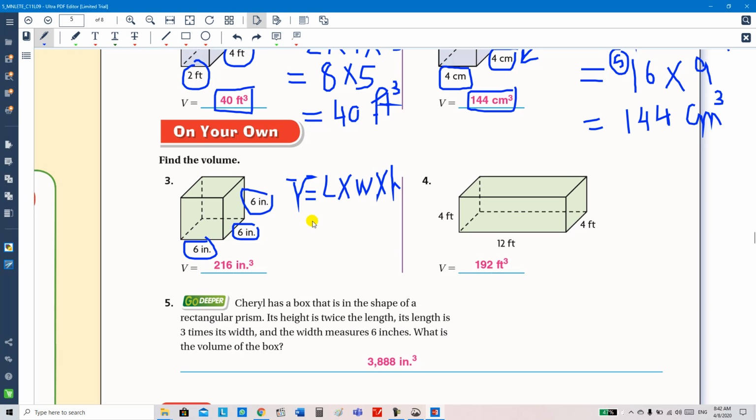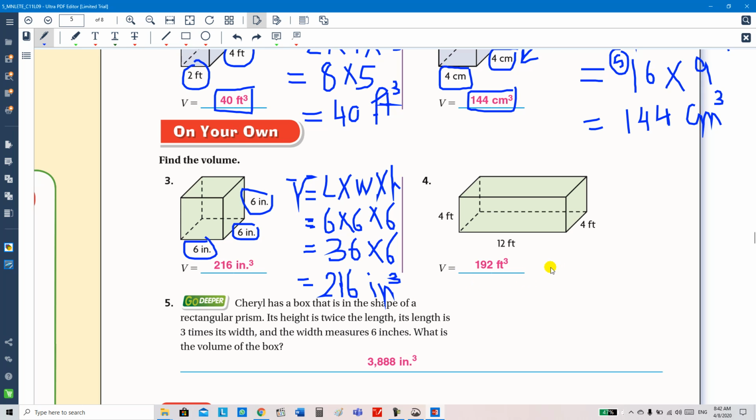To memorize it, write it more to memorize it. Okay, 6 multiplied by 6 multiplied by 6 equal 36 multiplied by 6 equal 216 cubic inches.